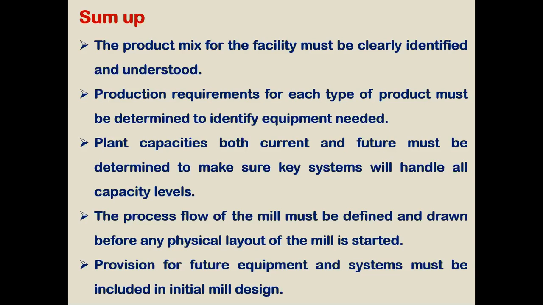And plant capacity, both current and future, must be determined to make sure that the key system will handle all the capacity levels. So this is very much important, the plant capacity, and how we can expand our plant capacity in future.